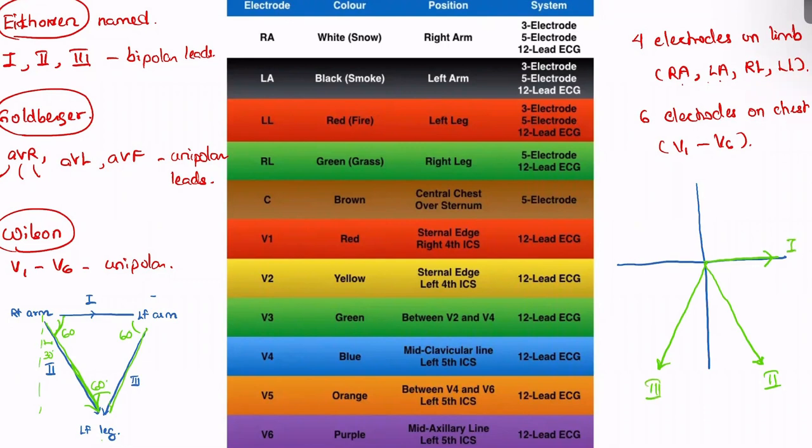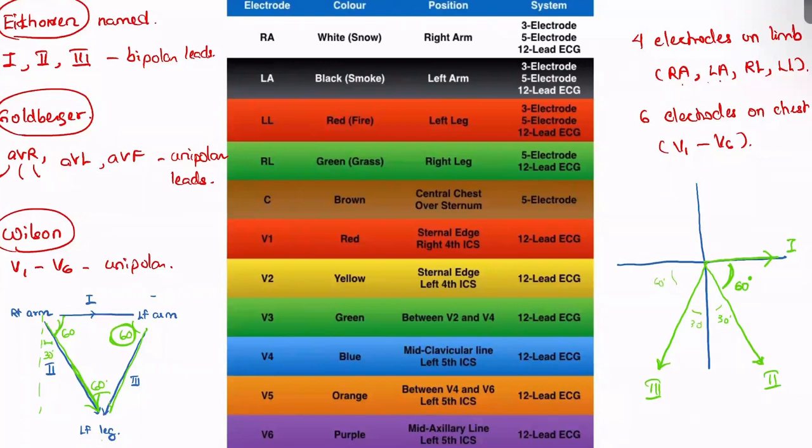Okay, so there is the 60 degree here. So that this, 30 degree, the total 90, plus it is the 60 degree here, because here is the 60. So there might be the 30 degree.